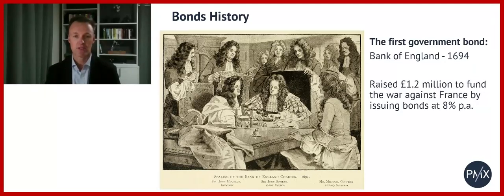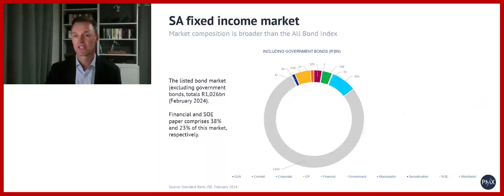They raised £1.2 million to fund the war against France, and issued a bond at 8%, which is obviously an interesting number given where we are with interest rates at the moment. Most of the bonds that are issued around the world tend to be backed by government, but corporate credit has become a lot more important over time.